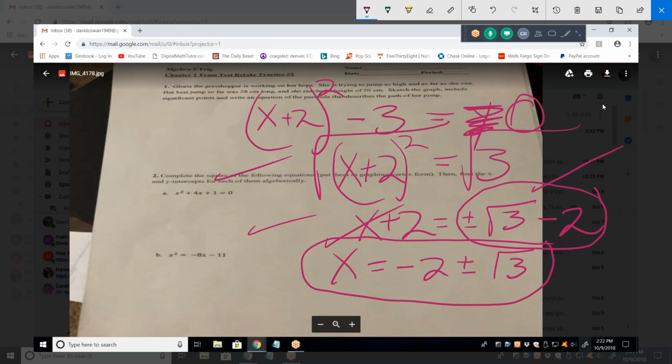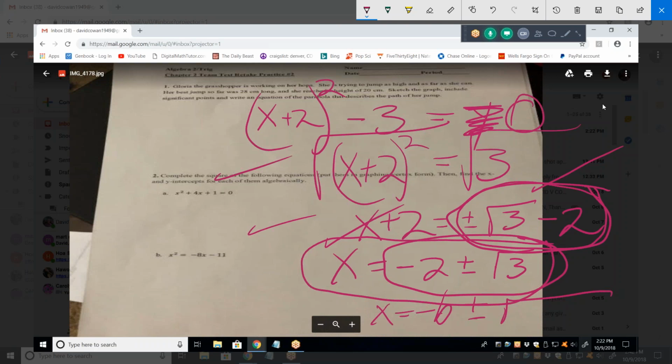In other words, remember the quadratic formula is minus b plus or minus the square root of stuff. That's what this looks like. This up here is backwards. It's got the square root plus or minus first and the minus 2 second. So that's the only reason I switched them around.